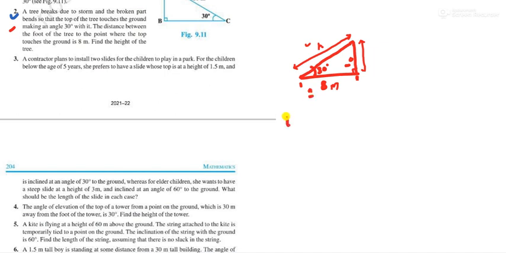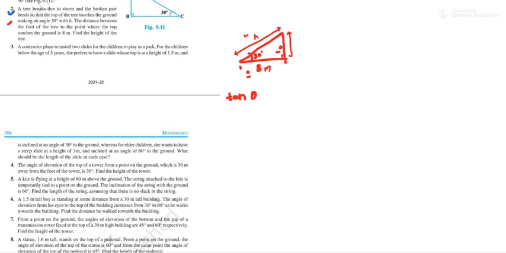It means tan theta is equal to O by A. So what is tan 30? We don't know, let us keep it as it is. You can name this as A, this as B, and this as C, as you can make your choice.